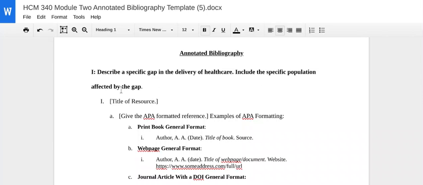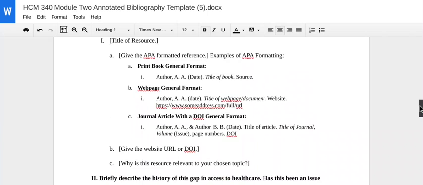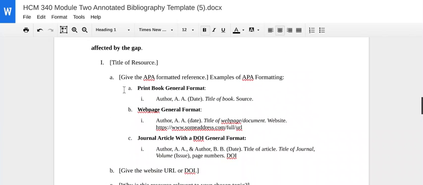Now, this first set of bracketed material is interesting because it gives you some help as far as APA reference formatting goes. So when you're doing a book reference, you're going to have the author of the book and initials, date in parentheses, and you will put the title of the book in italics.